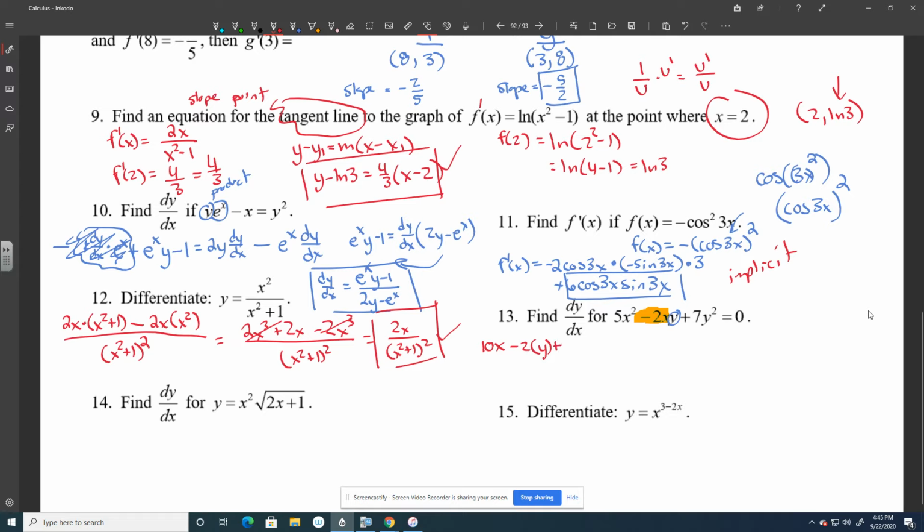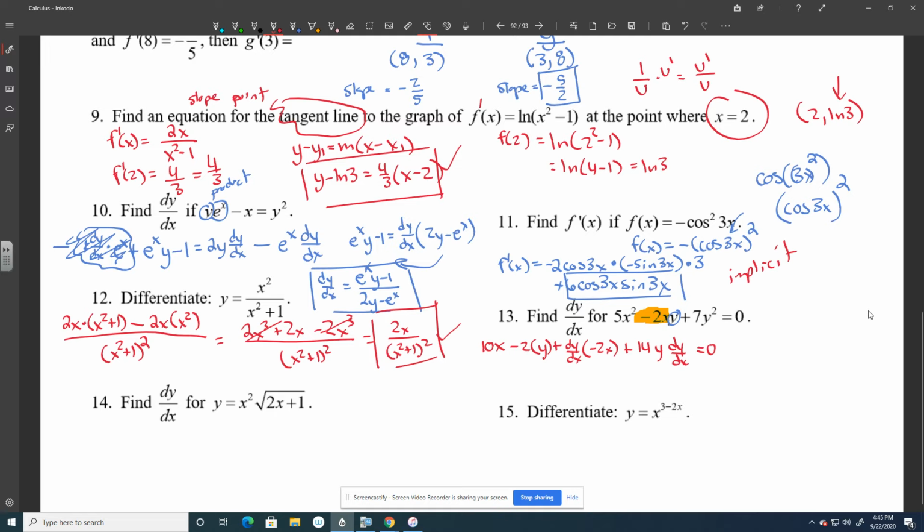And then I have to add the derivative of the second. The derivative of y is just dy dx, or y prime if you like to write it that way, multiplied by -2x. And then don't forget about this over here. I've got to add 14y dy dx. And then that's going to equal 0.